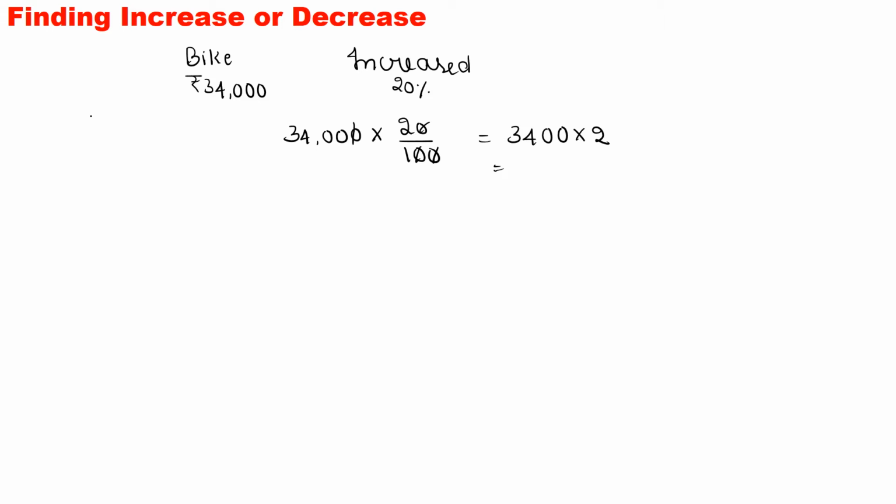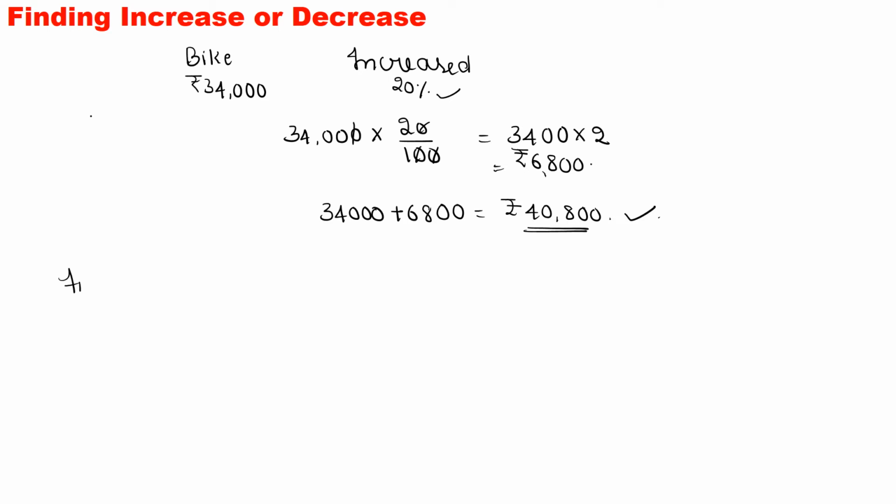We get rupees 6,800. This is the increased money, but we don't know the price now. That means 34,000 plus 6,800, totally 40,800. So the bike costs rupees 40,800 now. So we find the increased cost and the price now.